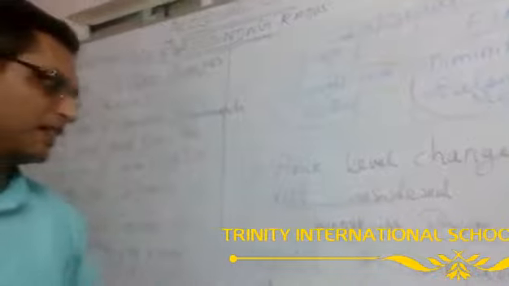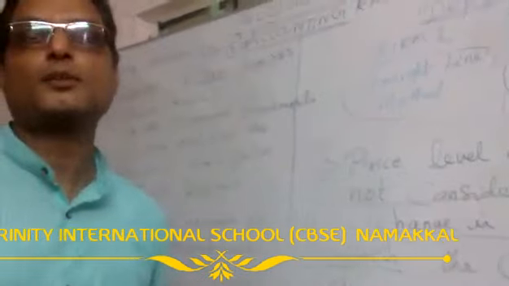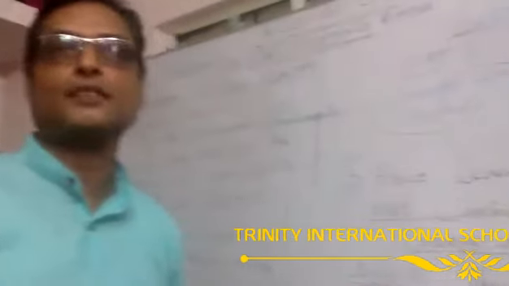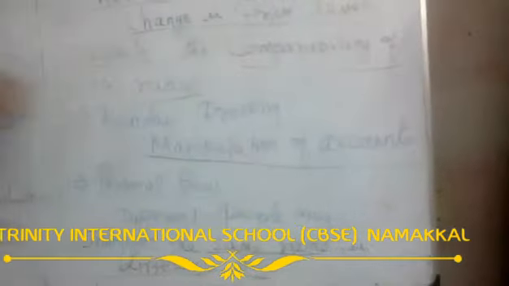And price level changes: prices keep changing, so comparability of ratios is very difficult to get. Then window dressing: you can manipulate the accounts, so once accounts are manipulated, comparison is very, very difficult. Then personal bias: different people will apply the ratios in different ways. That's all the limitations.